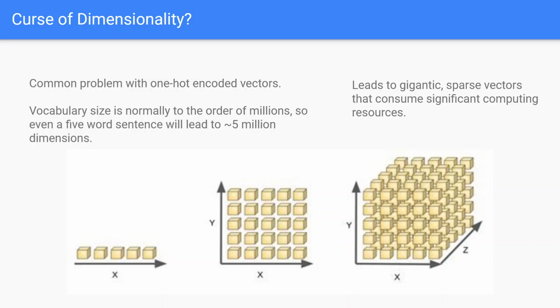This also leads to gigantic sparse vectors. Sparse vectors are those that contain a lot of zeros. This is the case here, right? We have almost 1,000,000 zeros and one in a huge vector. So sparse vectors are very difficult to work with. They consume a lot of resources, and thus the curse of dimensionality poses a problem which needs to be tackled.